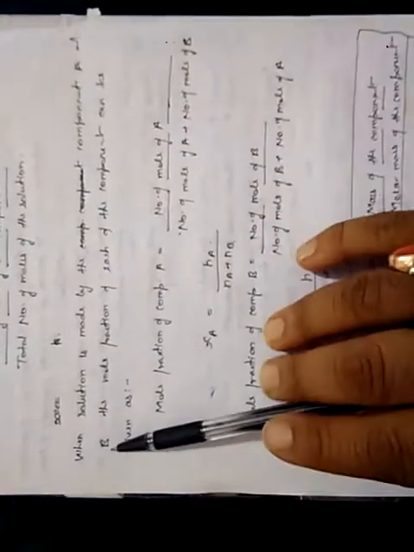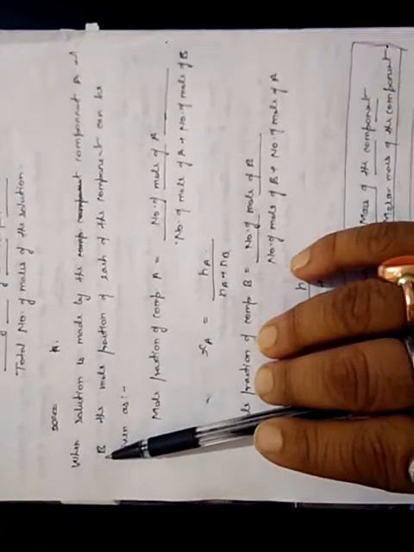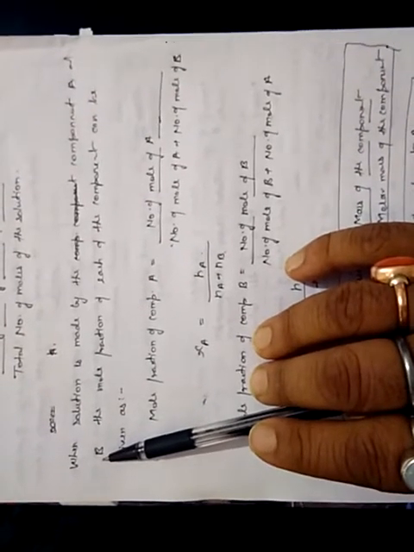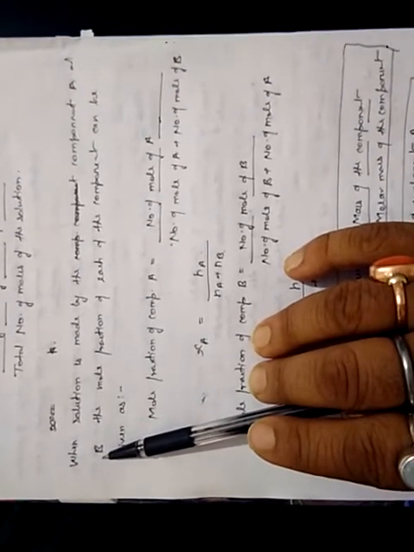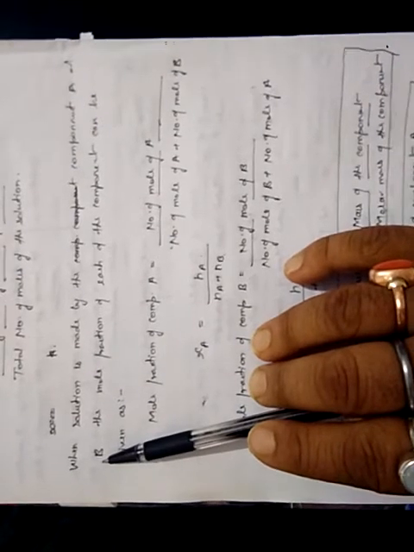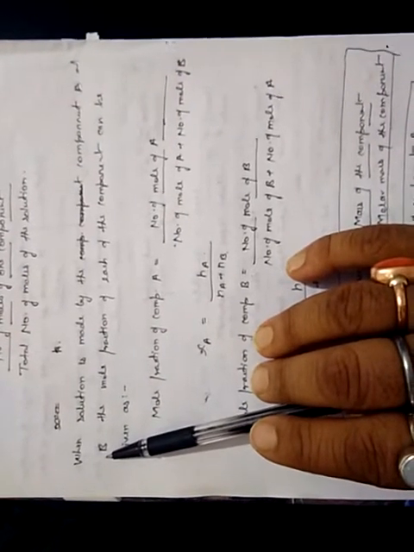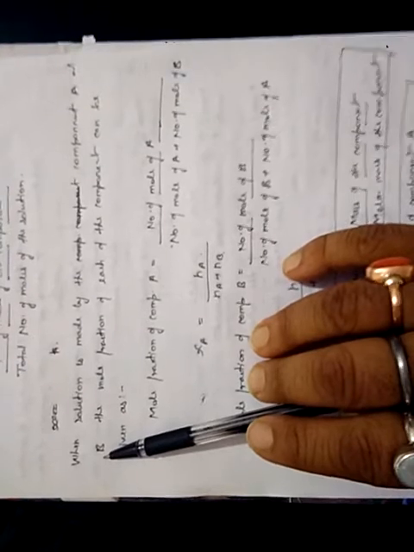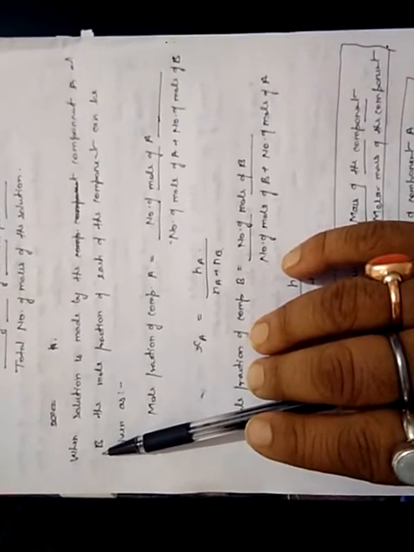When a solution is made by components A and B, generally we study the binary solution in this chapter, meaning a solution made by the combination of two components.